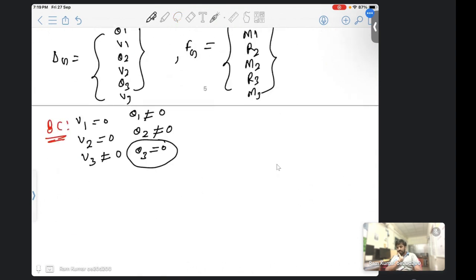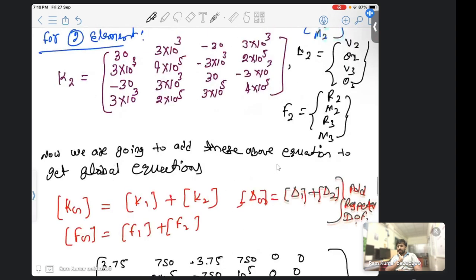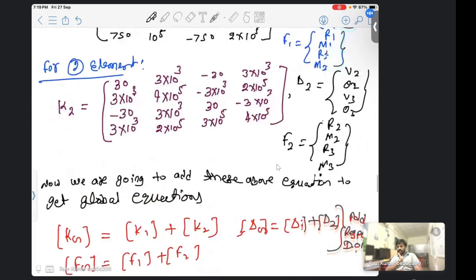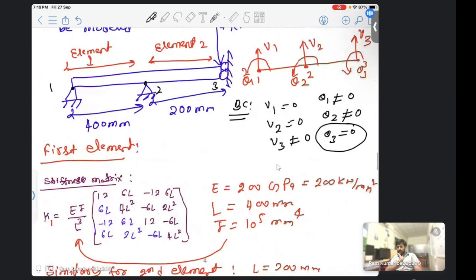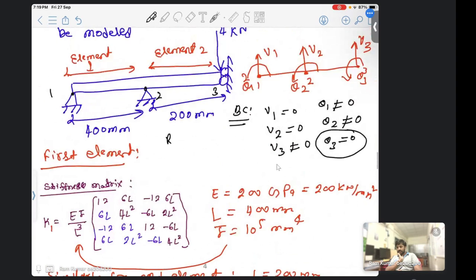Then we have to write that F equal to K into delta. And one more thing. The reaction force R1 at node 1 is not equal to 0, but M1 will be 0. R2 is not equal to 0, but M2 will be 0. Okay.